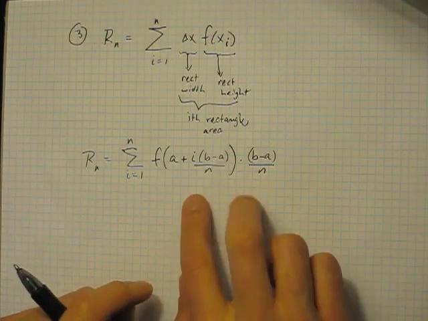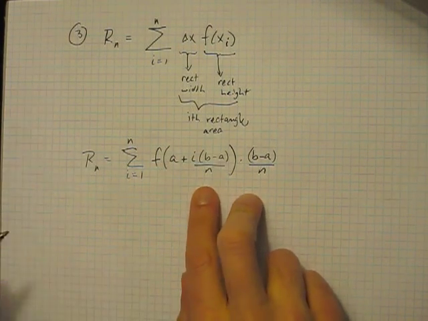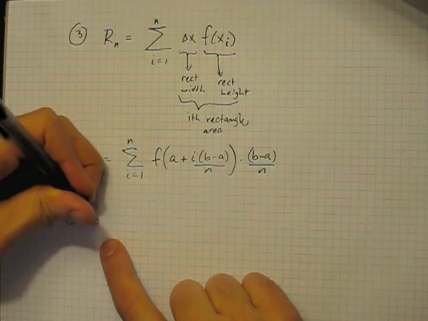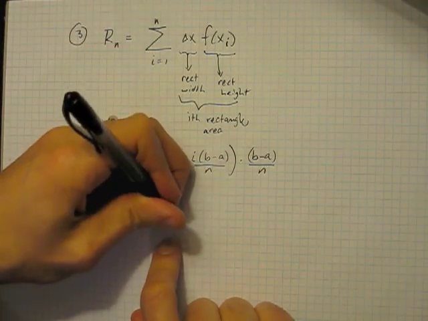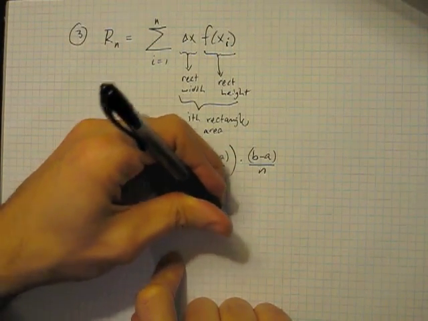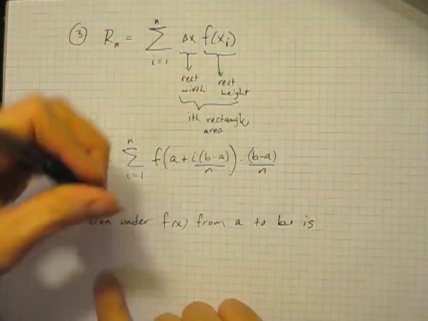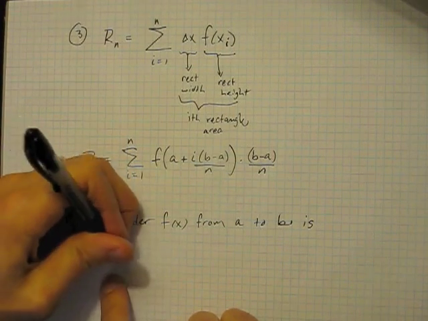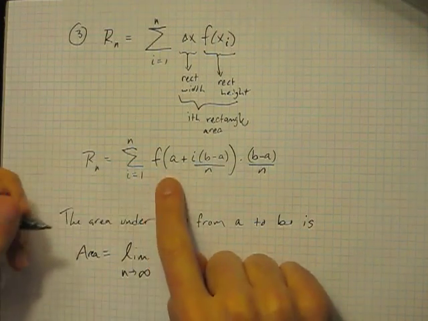So this is the rectangular area of n rectangles. The area under f of x from a to b is equal to the limit as n goes to infinity of this expression.